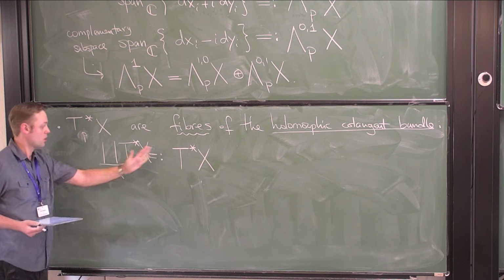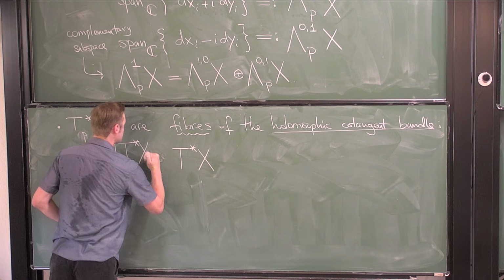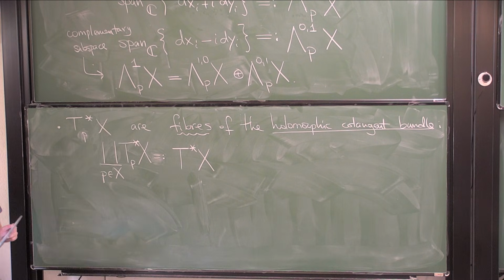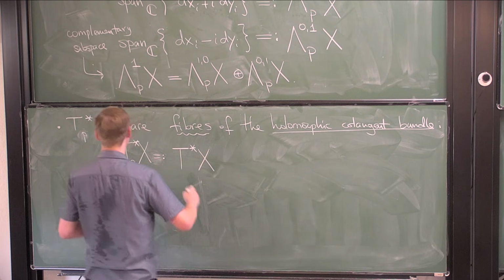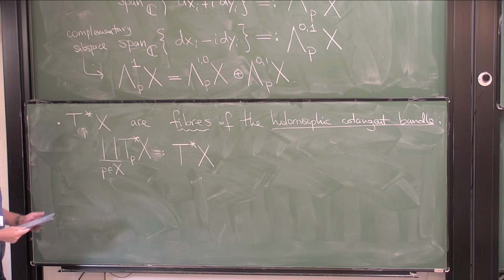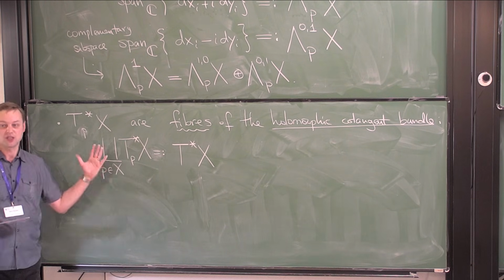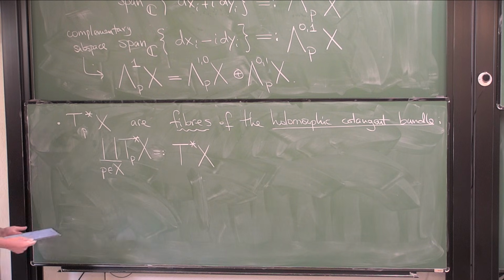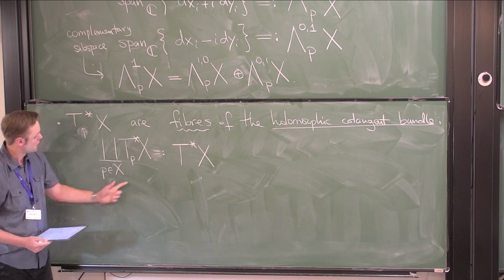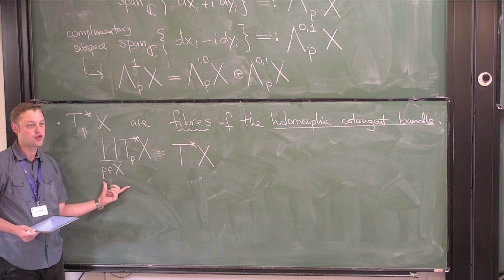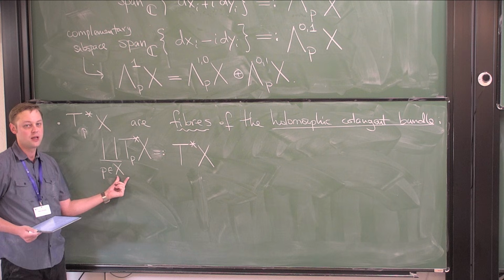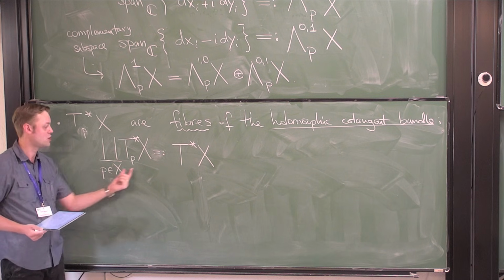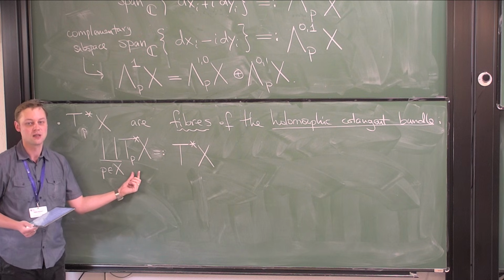It turns out, although we don't have time to discuss this in detail, that this is also a complex manifold in its own right, and it has complex charts and so on. But explicitly, it's really just a simple thing like this. You just take all the complex cotangent spaces, put them together. Whenever we have a disjoint union over points in X, there's always a natural map back to X, which tells me which point I'm looking at.